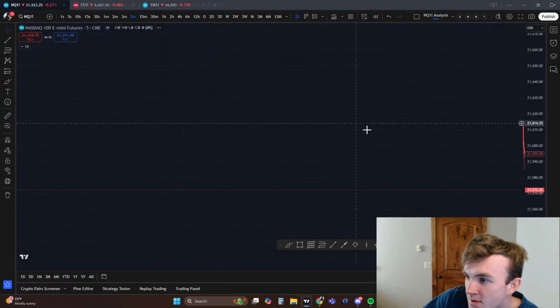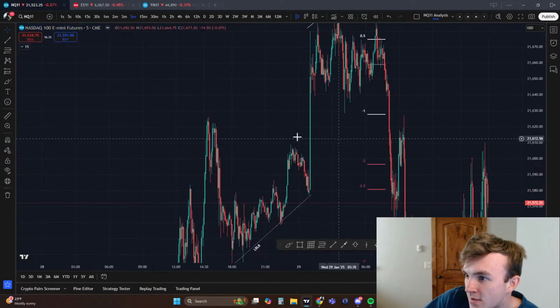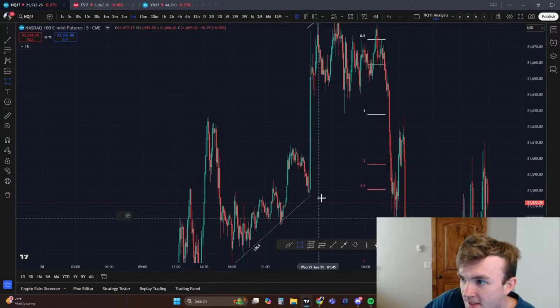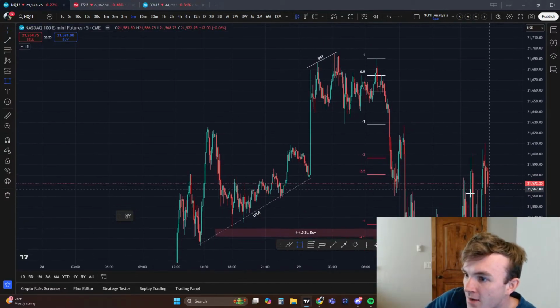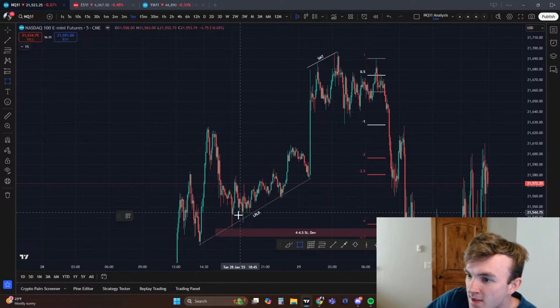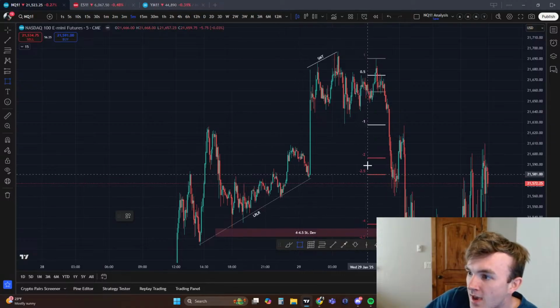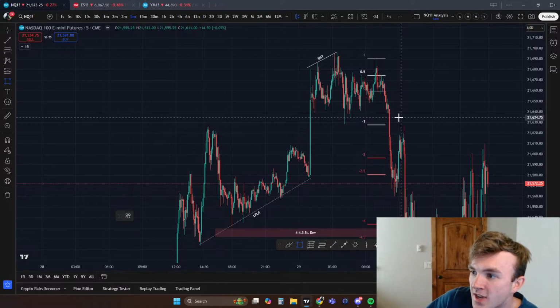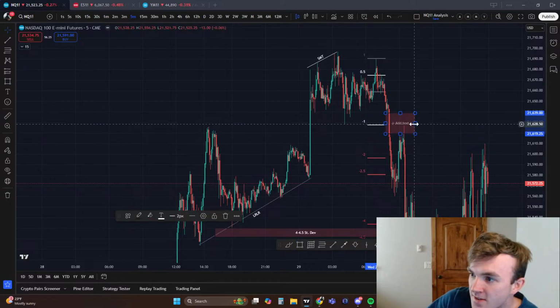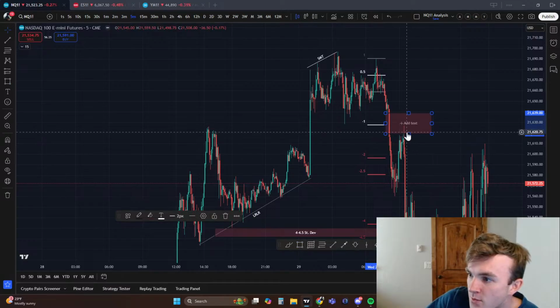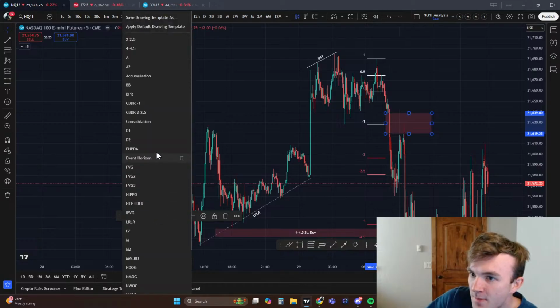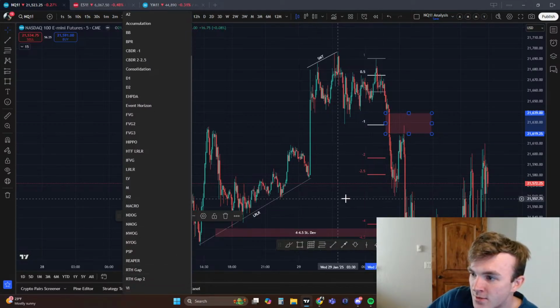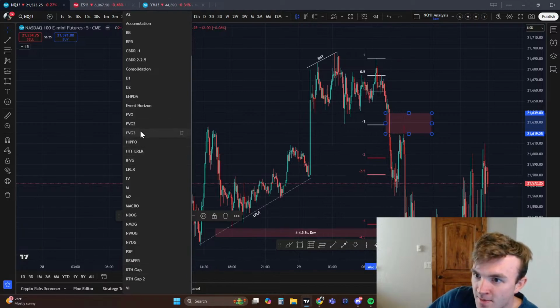The first thing I'm noting is we pushed back up into this 5-minute fair value gap. At the time, I was being careful because we ended up getting a bullish SMT, and so there was a chance that we could have come all the way back up. And so I was taking that into consideration. But then after we get this aggressive wick into the fair value gap and close lower, at that point I should have flipped my bias down and been prepared to actually go run that liquidity, because that was my bias all along, right?